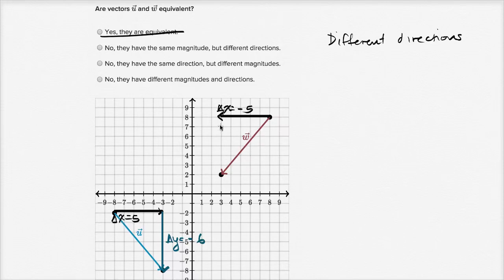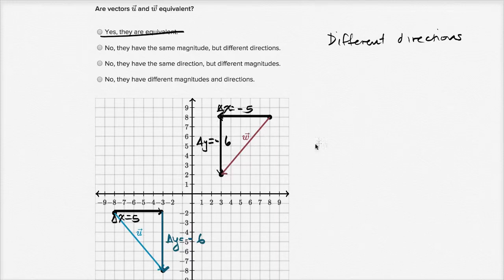And then what's my change in y? Well, I start at y equals 8, and I go down to y equals 2. So my change in y is equal to -6. Now, based on the changes in x and y, I can figure out the magnitude of each of these vectors.